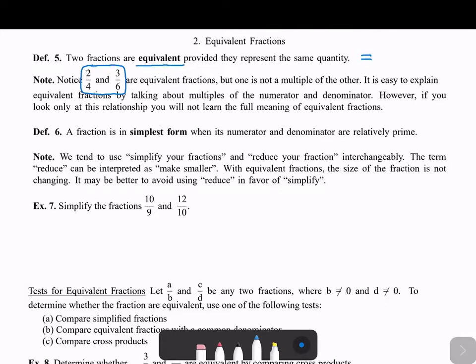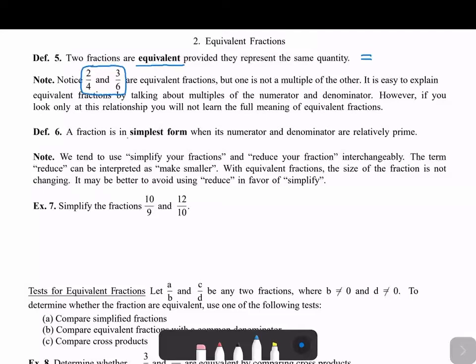So there's just that distinction to note: equivalent fractions are indeed multiples of the fraction in its simplest form, but not always of each other. If you have fractions that are multiples of that simplest form, those two are still equivalent, even though they may not be multiples of each other.